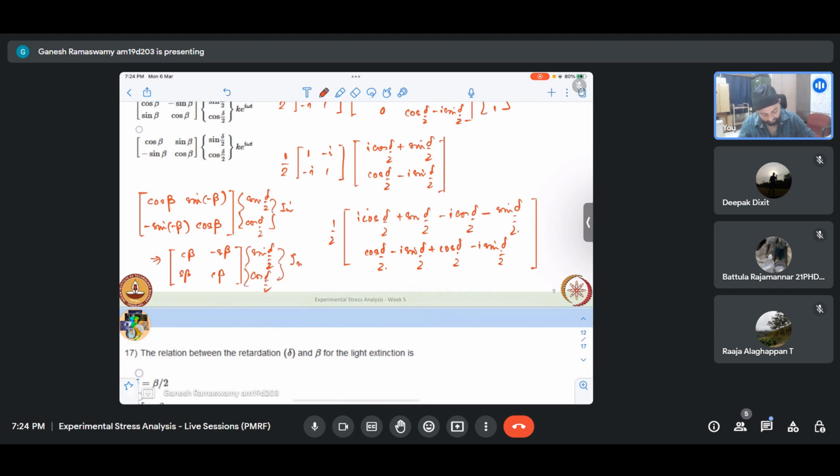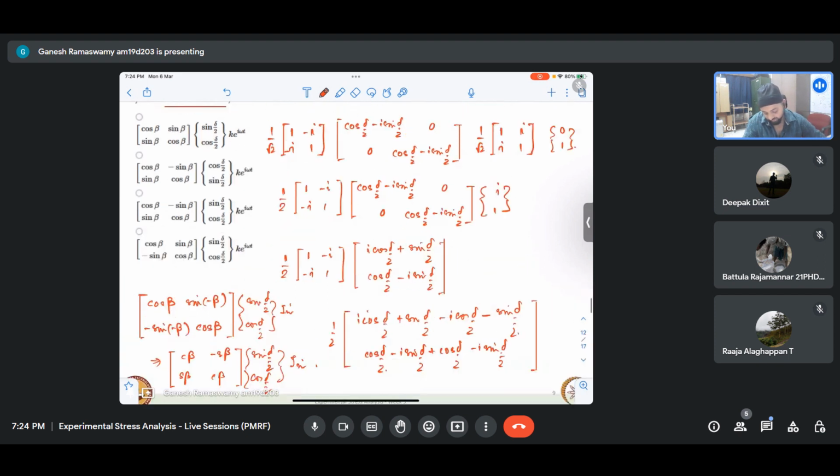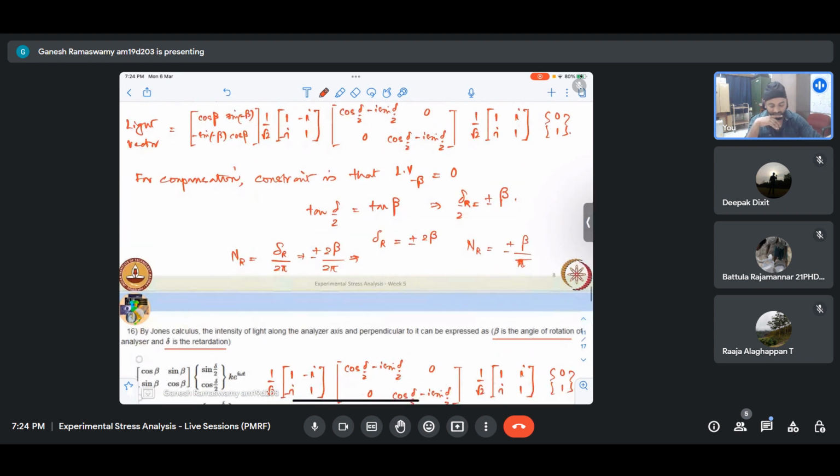So I can see that it is option C. It is also discussed in the lecture in detail. Once we multiply this out, we get a constraint that tan delta by 2 equals tan beta, which implies that delta by 2 is beta.